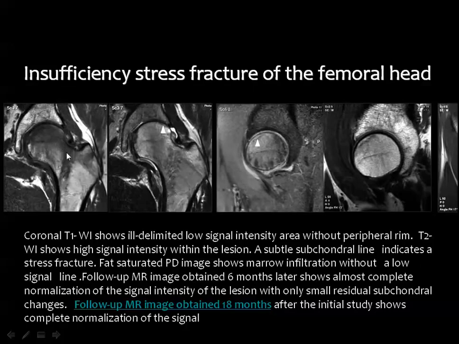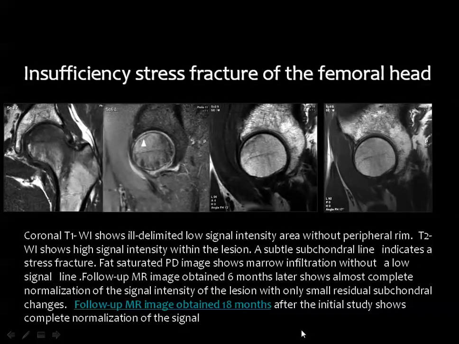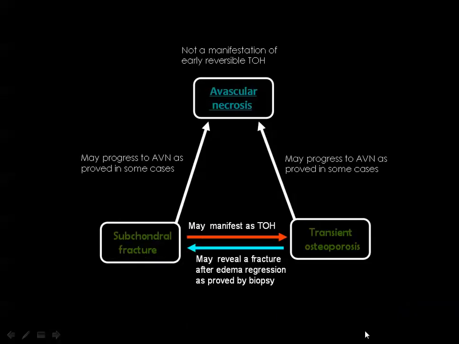And here you can see there is bone marrow edema of the femoral head and neck, and this arrowhead points to this line which represents the subcortical fracture, and this line on follow-up will be more clear, and later on it will resolve completely, and also the edema surrounding the fracture will also resolve completely.